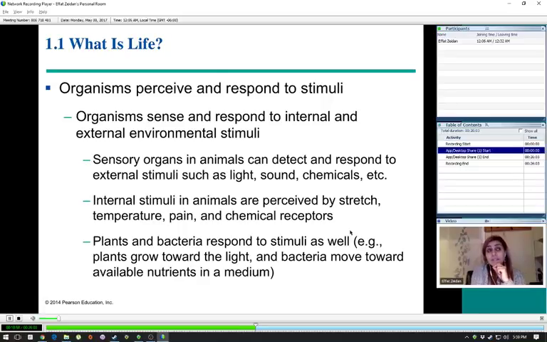Now, the internal stimuli, for example, in our body, there are also internal stimuli. There are also triggers that happen inside our body that our body has to respond to internally without us knowing about it, without us being consciously aware that it's happening. And there you go.